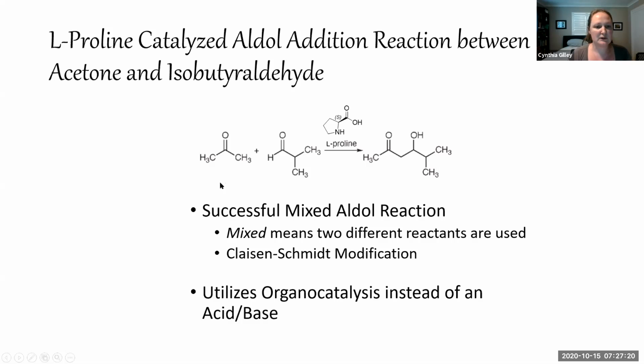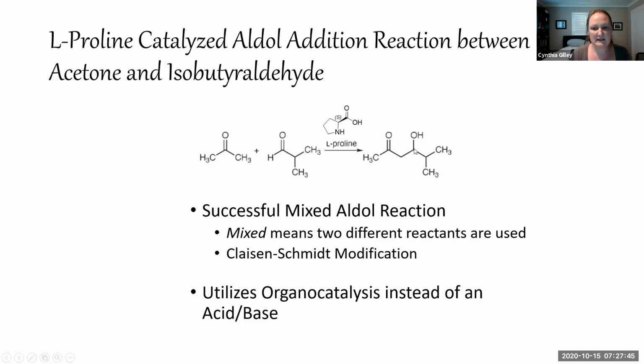So when you're using two different reactants, one of which will act as the electrophile and the other gets converted to an enolate and acts as the nucleophile, and you achieve a good yield of the product, we call that a mixed aldol reaction.